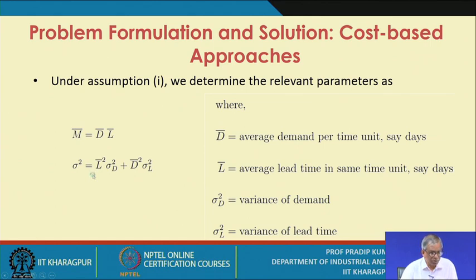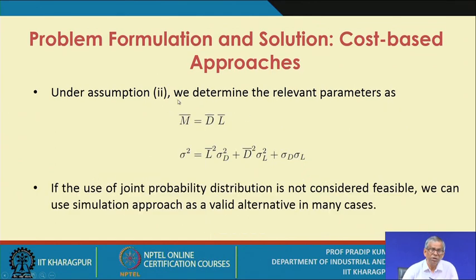Under assumption 2, that means the dependence assumption, we determine the relevant parameters. The expression for m bar remains the same, that is d bar into L bar, whereas the expression for sigma square is slightly different in the sense that you add a third term. The first two terms remain the same as for the independence assumption, that is L bar square into sigma d square plus d bar square into sigma L square.